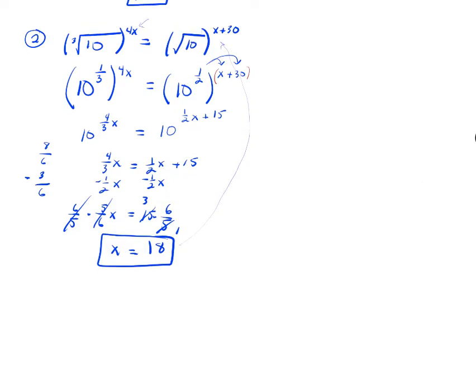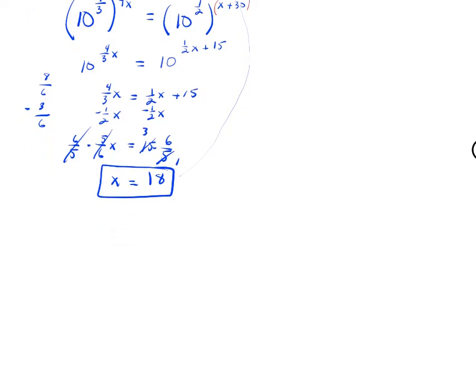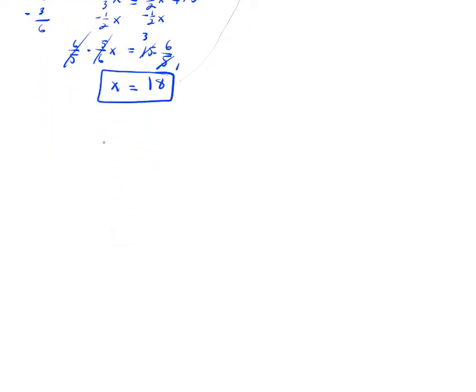So for our third example, we will solve by graphing. So we're going to solve by graphing 1/2 to the power of x minus 1 equals 7. Now we're going to do this similar to the way we've done this with linear and absolute value.